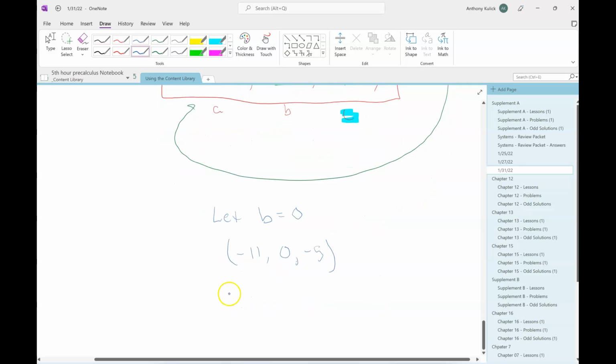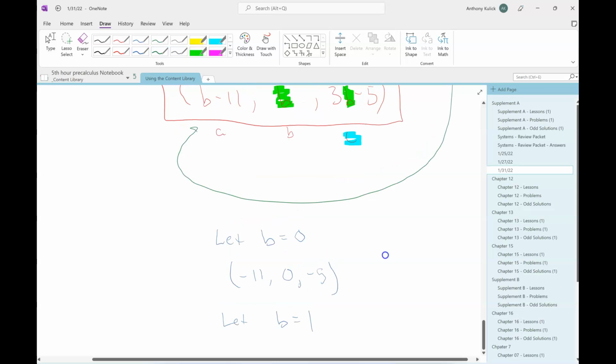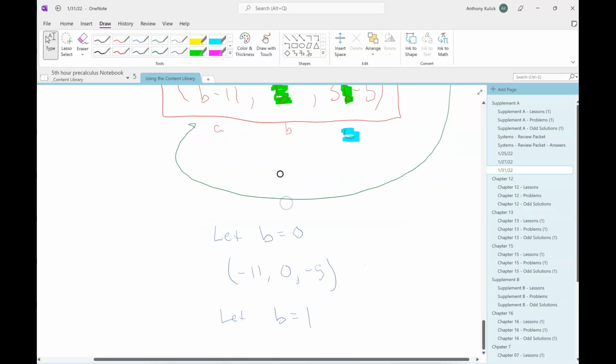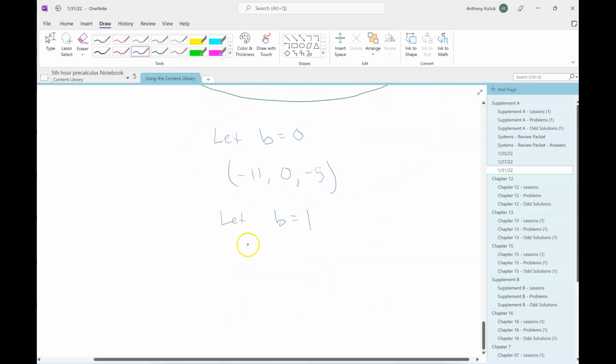And because I have infinitely many choices for B, I can generate infinitely many solutions to this system. So for example, if I choose B to be 1, I'd have 1 minus 11 or negative 10, 1, and then 3 times 1 minus 5 or negative 2. And I could do this as long as I wanted, right?